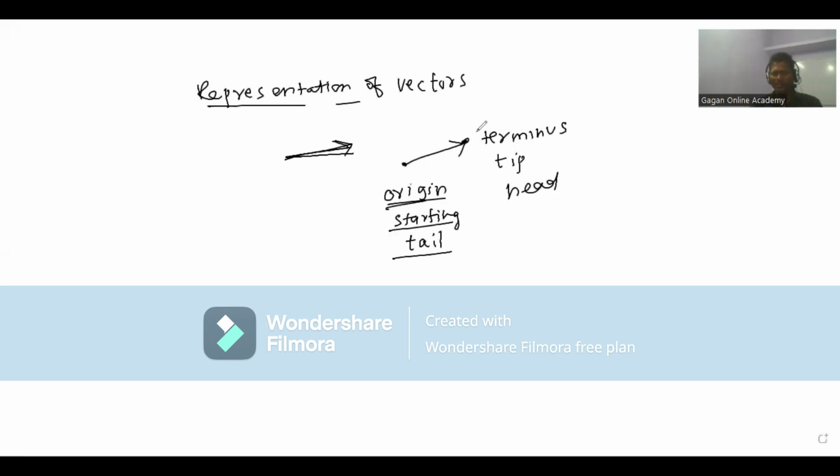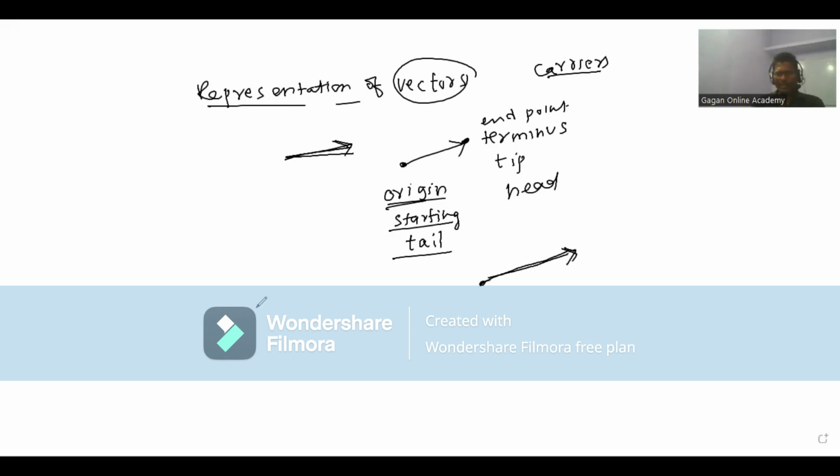This end point is called end point also. This starting point is called origin or starting point or tail. Simply vectors means carriers. Carriers means they carry this point to certain direction. See, this point is moved to this position. So that's why vectors are called carriers.